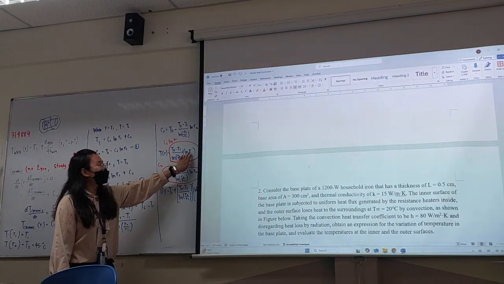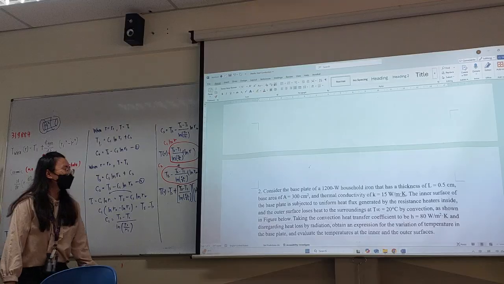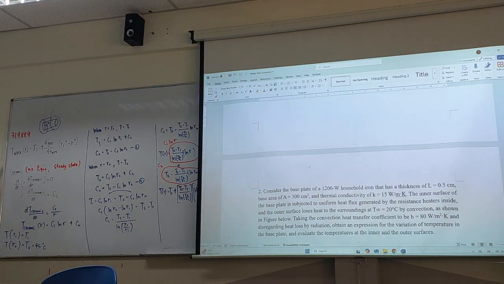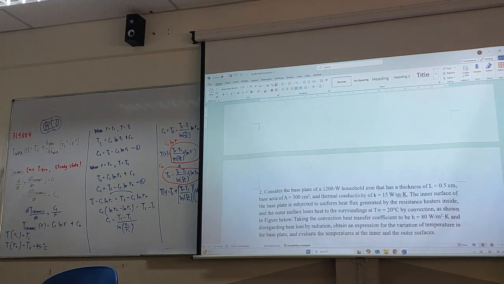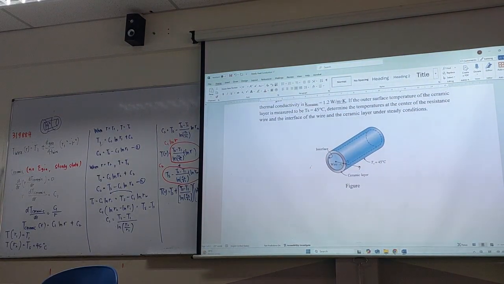So remaining is ln R minus ln R2. Not yet finished, because they said determine the temperature.